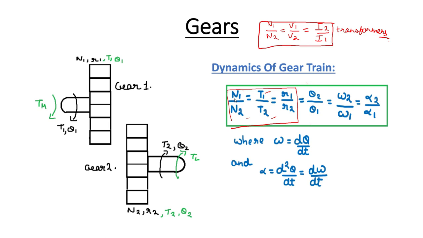So here N1 upon N2 is equal to theta 2 upon theta 1, omega 2 upon omega 1, alpha 2 upon alpha 1, where omega is the angular velocity and alpha is your angular acceleration. So omega is equal to d theta by dt and alpha is equal to double differentiation of theta with respect to time or d omega by dt.